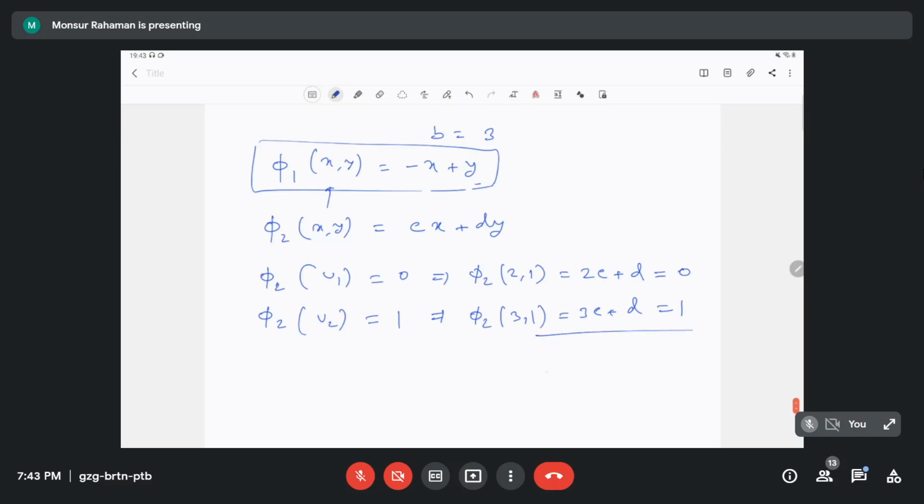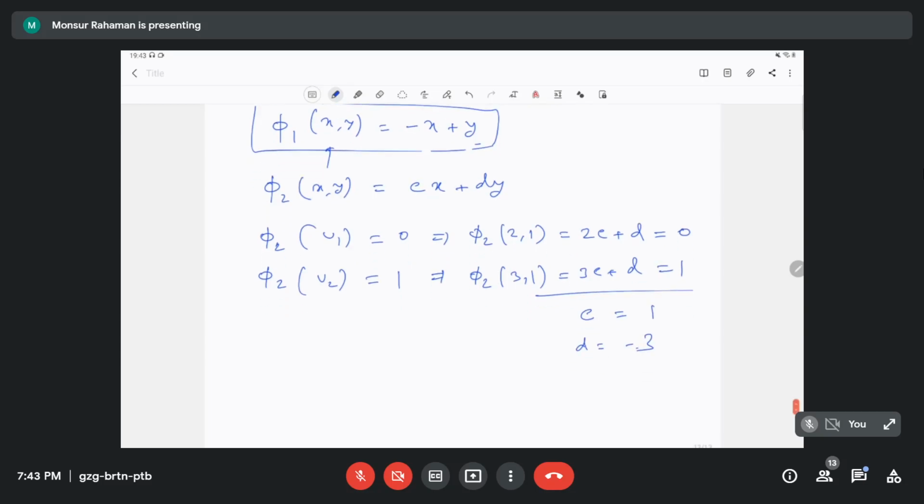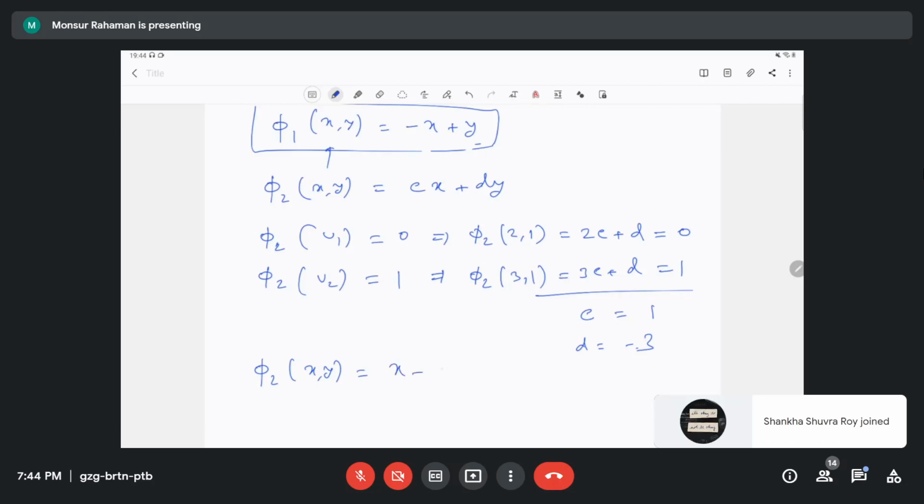So c is equal to 1 and d is equal to -2. So now phi 2 of (x, y) is equal to x minus 2y. So d is -2.